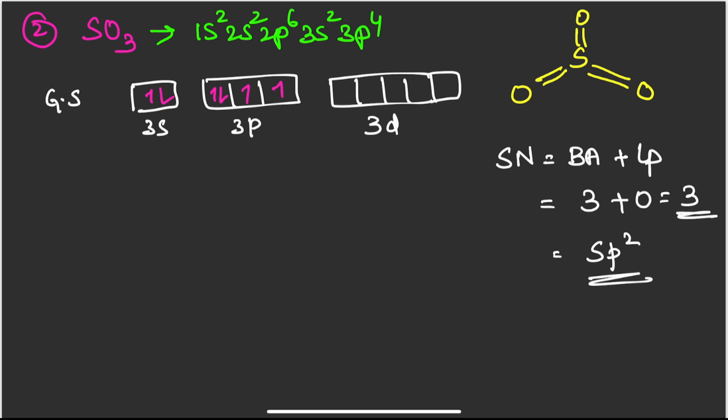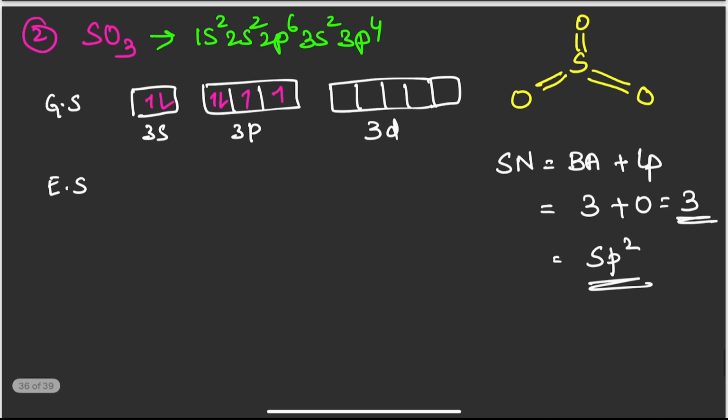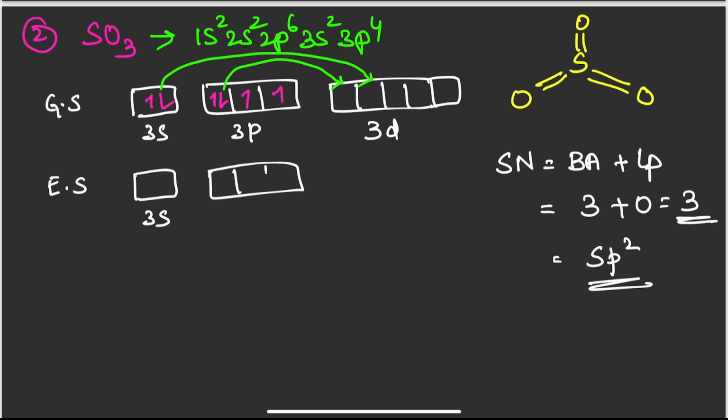If you go to the excited state, one electron will shift from here to here, and a second electron from here will shift into this orbital. As a result, this is the 3s orbital, this is the 3p orbital, and this is the 3d orbital.